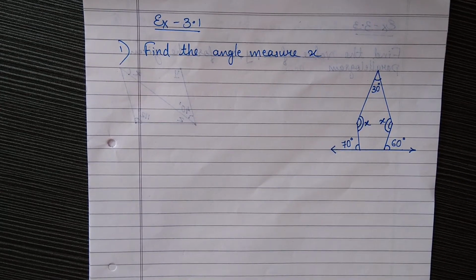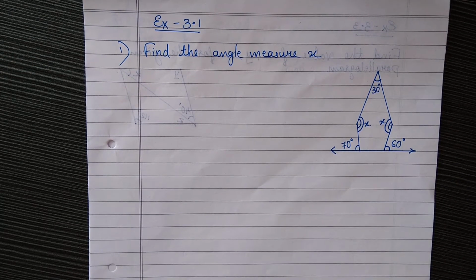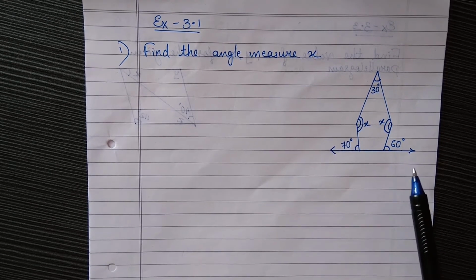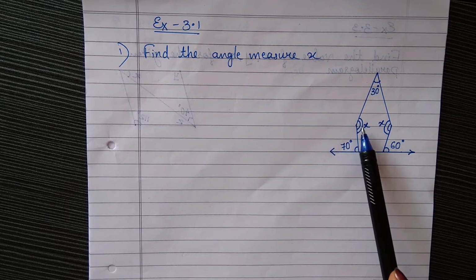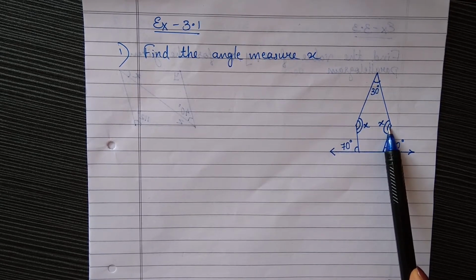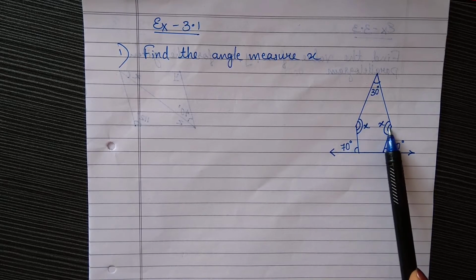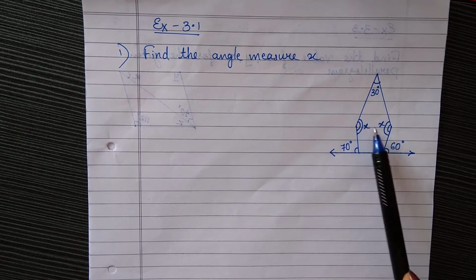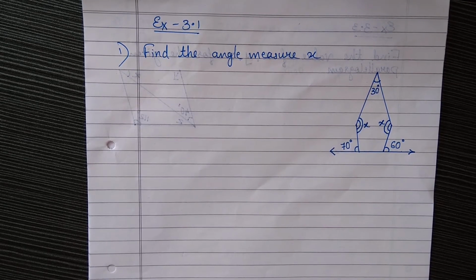In this, before solving the sum, we just need to understand what we are supposed to do. See, here we have 2x in this figure. It means that the measure of both these angles are equal. Both are x, it means both the angles are equal.